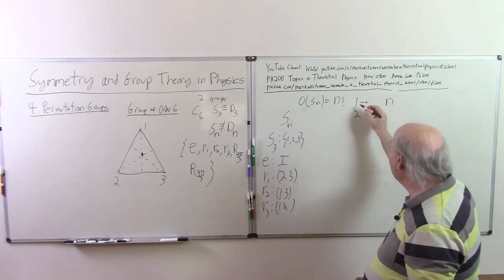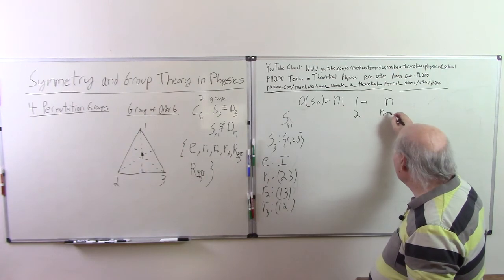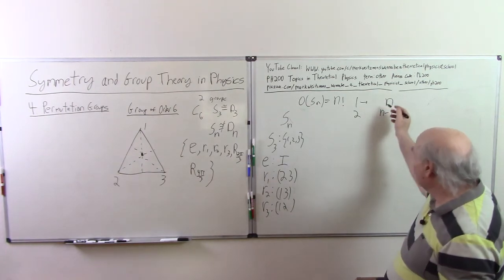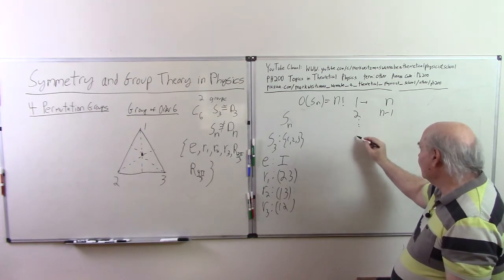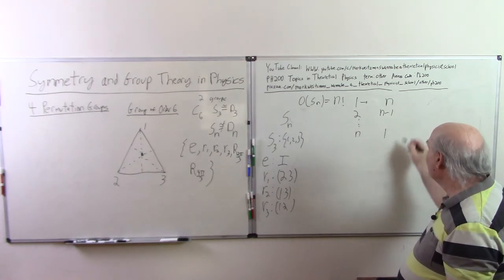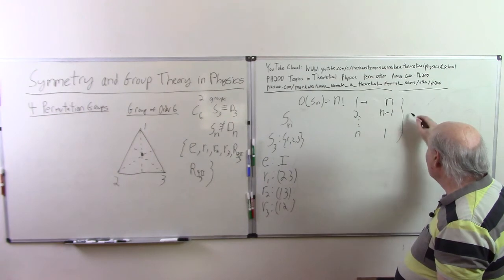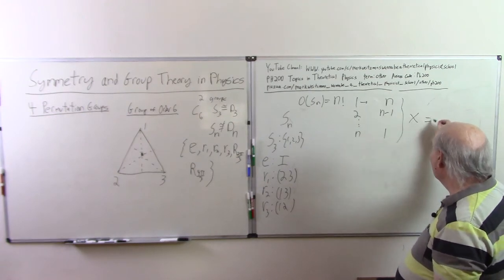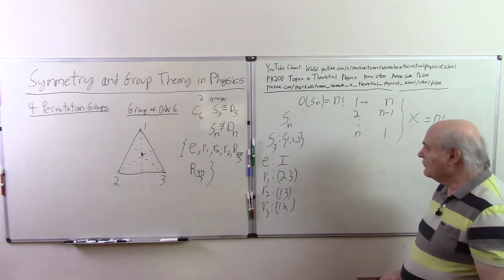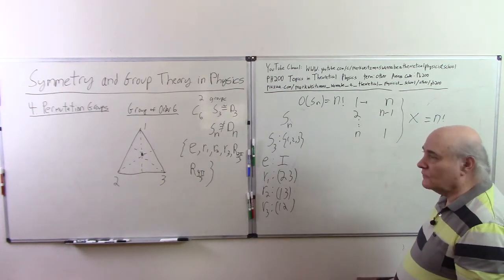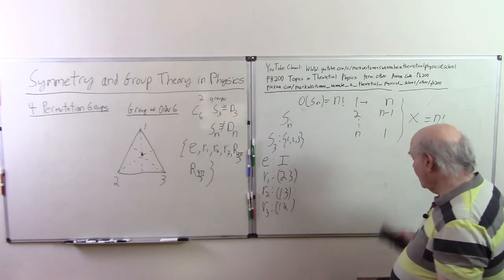Then for 2, once we choose that, we only have n minus 1 possibilities because we can't go to the same thing that 1 went to. Eventually we get down to n, which has 1. We take the product of all these things, and it's just equal to n factorial. So S3 has 6 elements, S4 has 24 elements.